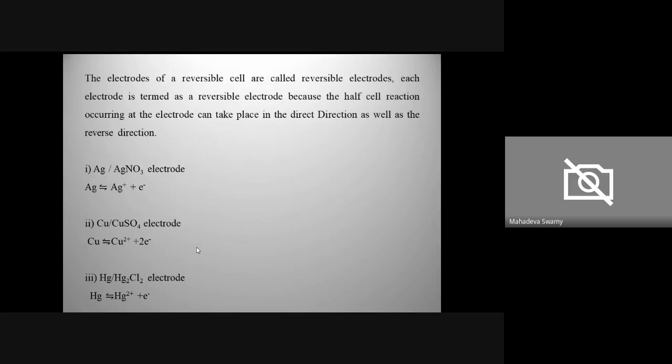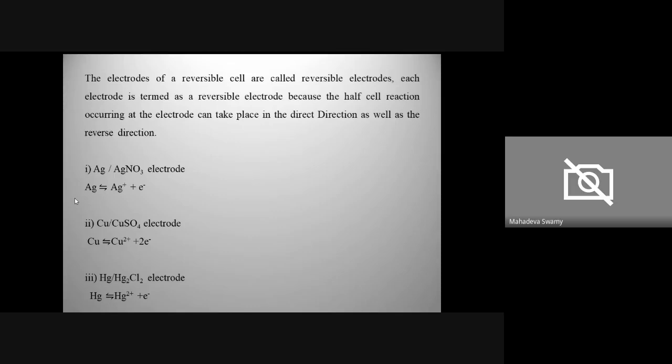Point number one: metal salt. Just you see Ag|AgNO3 electrode. This type of reaction takes place: Ag gives rise to Ag+ plus electron. Then the reverse also takes place. When we apply the external EMF, this reaction easily reverses. That's why we call this a reversible electrode process.